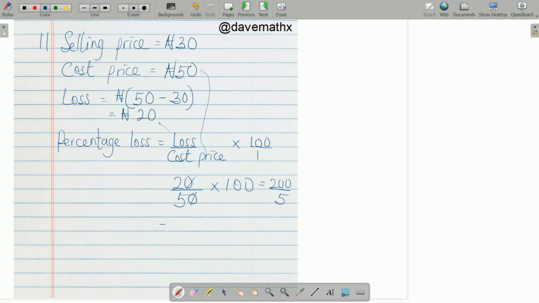Now we're left with 200 over 5. We divide and get the percentage loss. Therefore, the loss percentage is 40%.